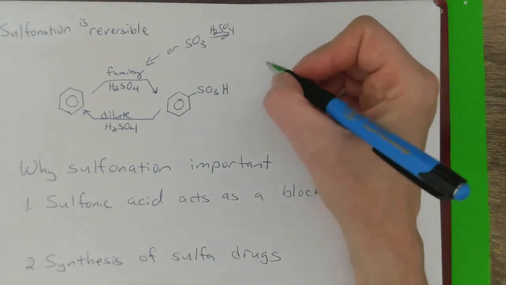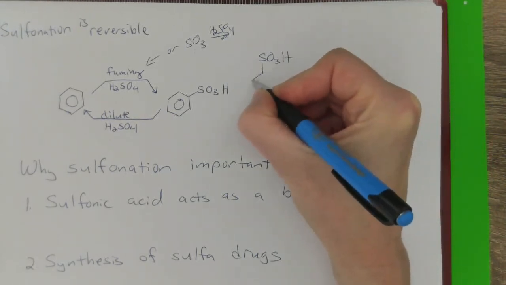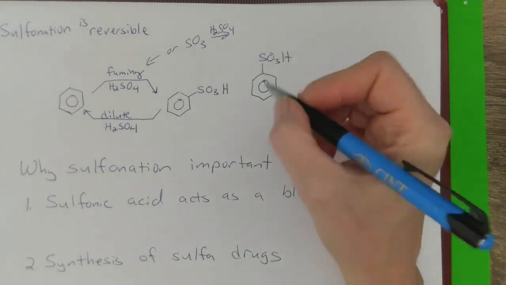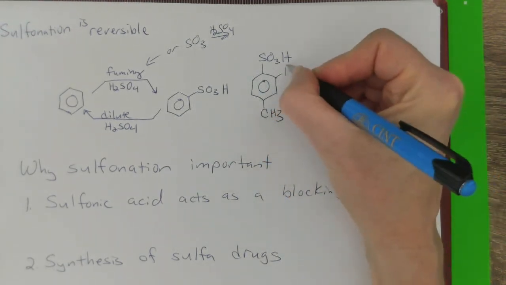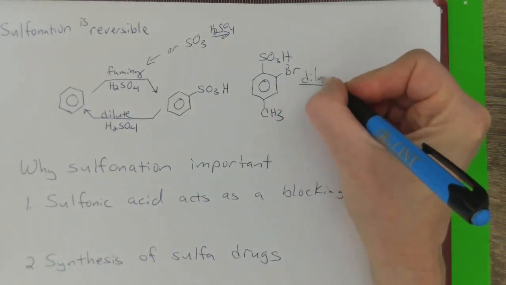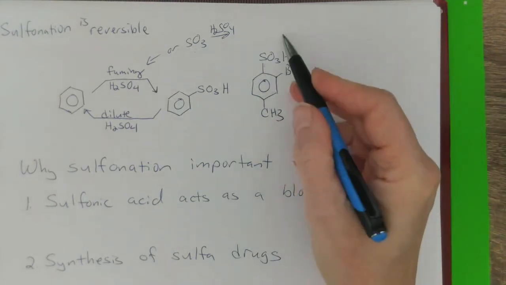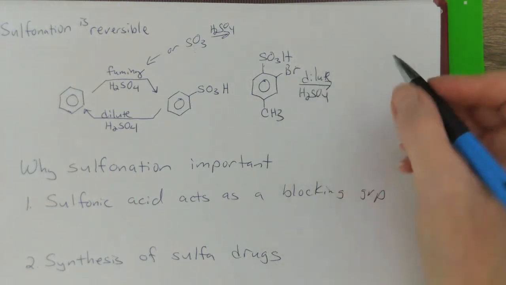So let's say, for example, I have, and we'll see this later on when we talk about other types of reactions on benzene, something like this, and I can use dilute sulfuric acid to remove the sulfonic acid piece, and I'm going to leave behind these pieces here.